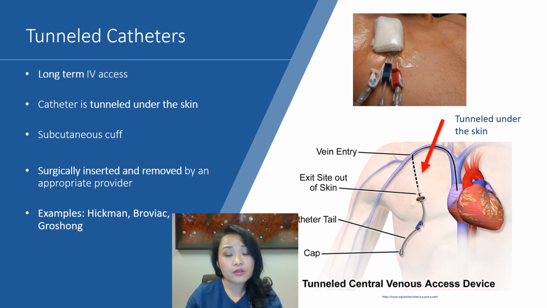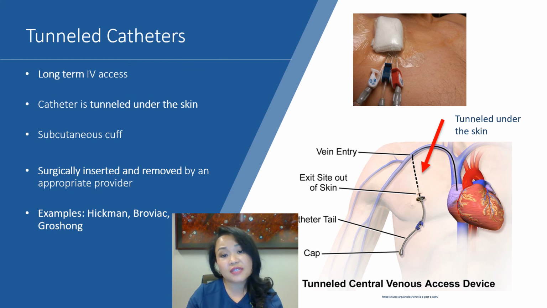The antimicrobial cuff secures and protects the tunnel from the external environment by stimulating granulation tissue to grow around it. So after the granulation tissue has grown in, microorganisms cannot migrate along the tunnel tract, which reduces infection risk. The tunnel catheters must be inserted surgically.